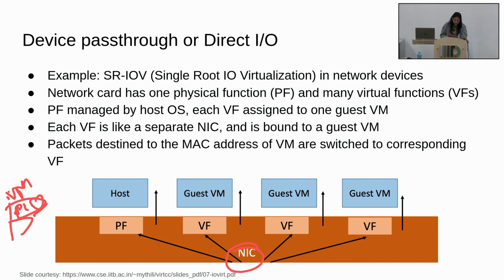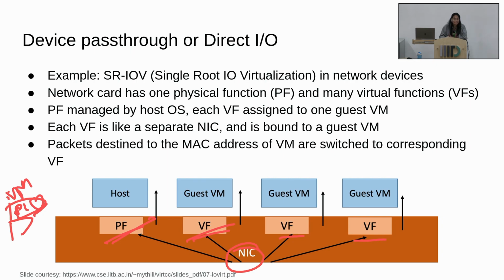So for that, what they did is they provided what are called physical functions and virtual functions. These physical functions get pinned directly to the host operating system. So whatever requests are coming for applications that are running directly on the host, that got handled by the physical function. And these virtual functions, that is the slices of the NIC, got assigned to the guest operating system directly.